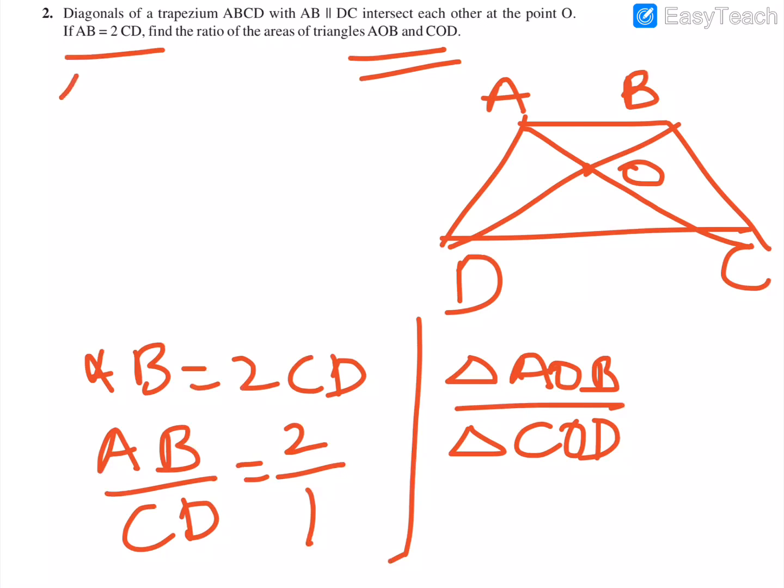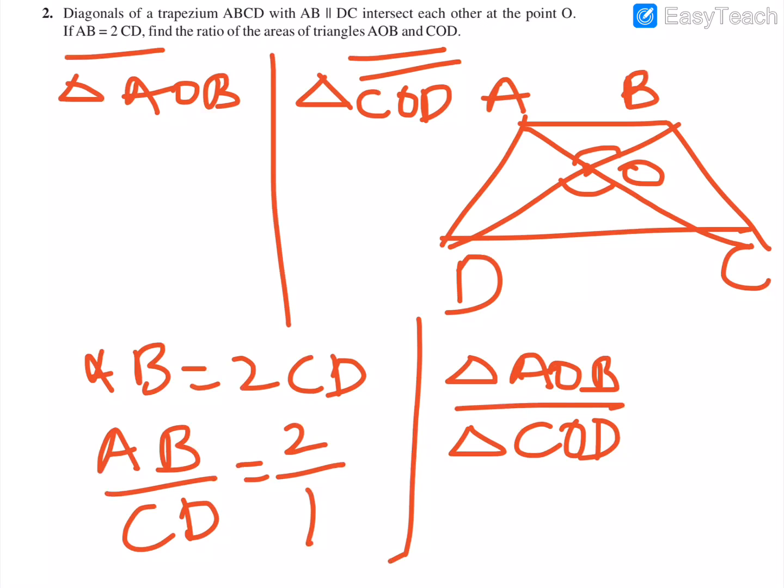So comparing these two triangles, which we need, triangle AOB and triangle COD. What is common here? Angle AOB is equal to angle COD. Both are vertically opposite angles. The logic is vertically opposite angles.